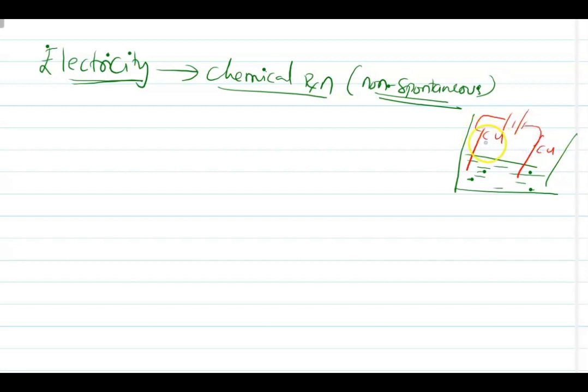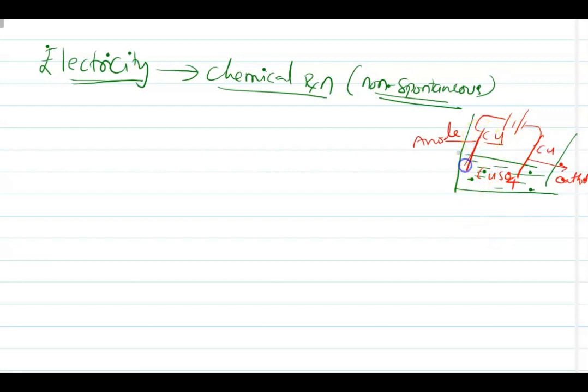Let us say our anode is impure copper and the cathode is pure copper. We have dipped them in copper sulfate solution. Generally there is no reaction between copper and copper sulfate when you dip copper in it. But when you apply electricity, the reactions start taking place.